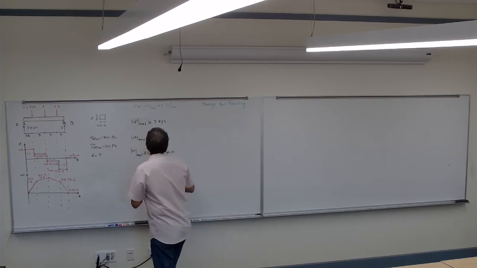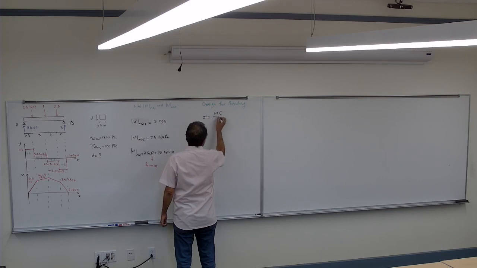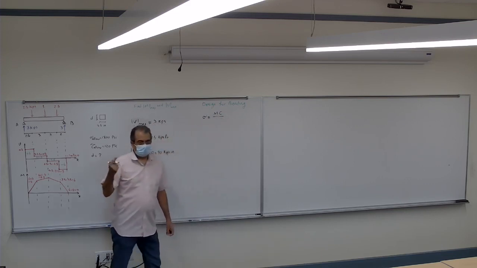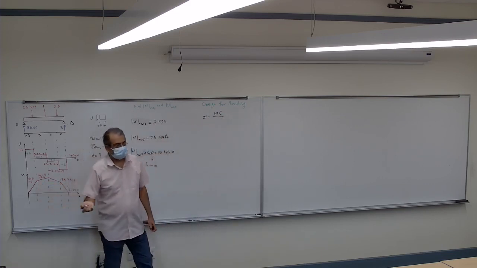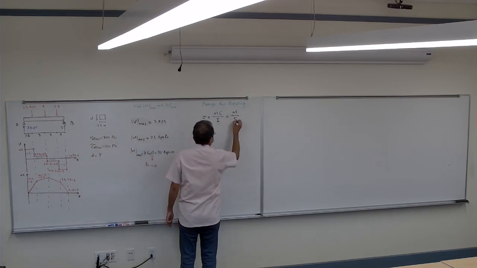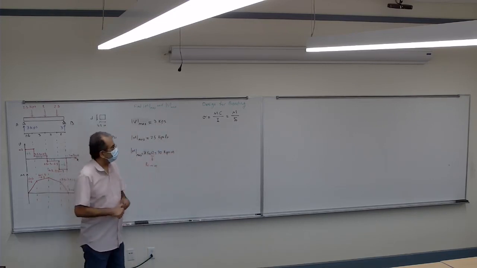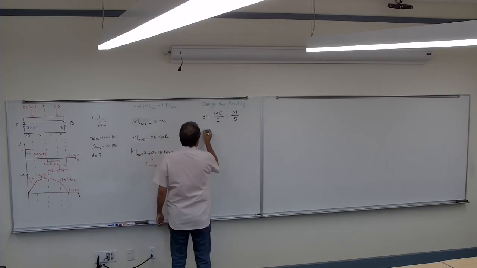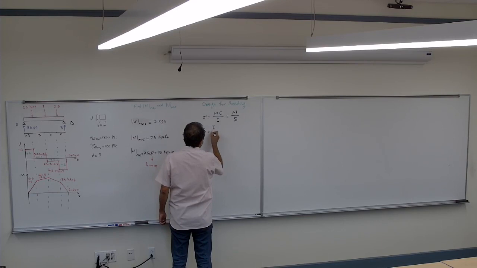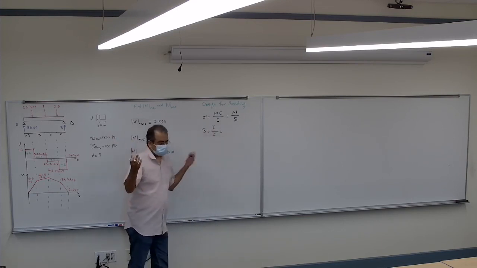So the equation for the bending, what was that? The sigma was MC over I, or basically M divided by S. That was what we are using for that purpose. What was the S? S was I divided by C. For the rectangular cross section, you can memorize it, or you can always calculate it.